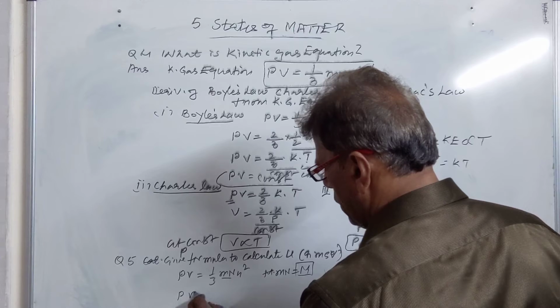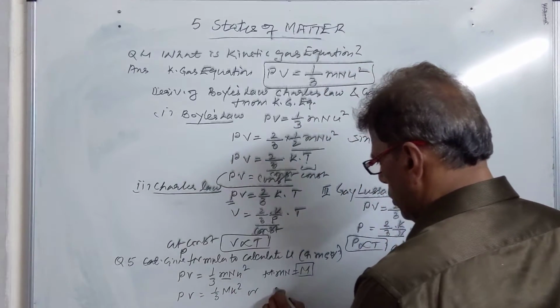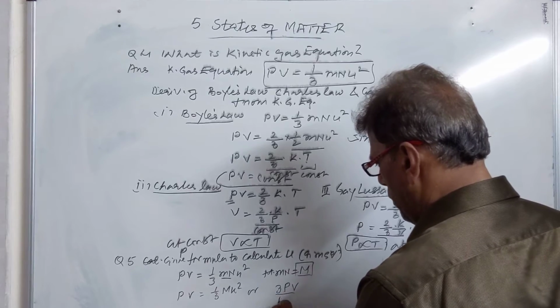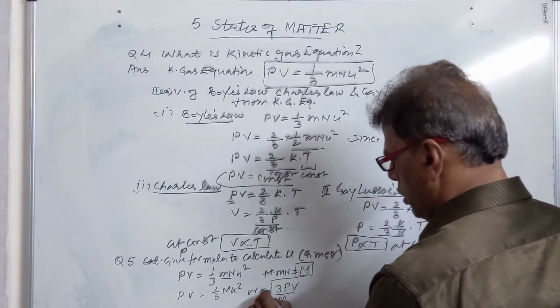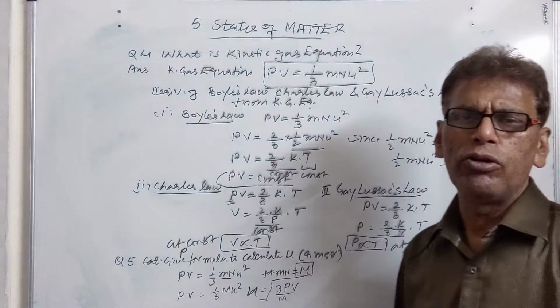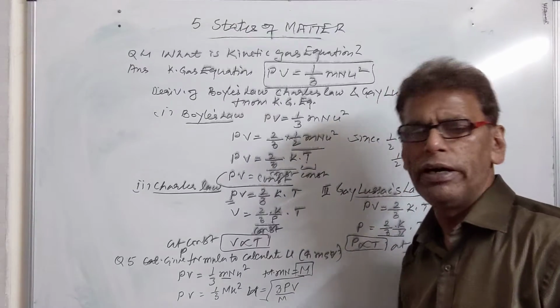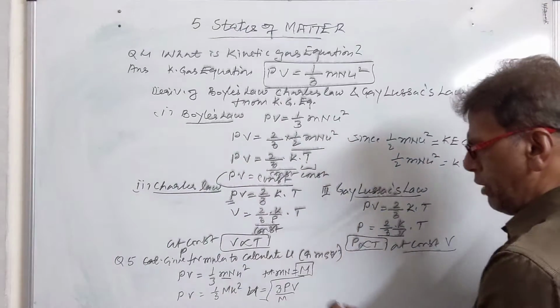We will get PV is equal to 1 upon 3 Mu square, or 3PV upon M under root will be equal to u. So root mean square velocity is the square root of 3 times pressure and volume divided by mass.